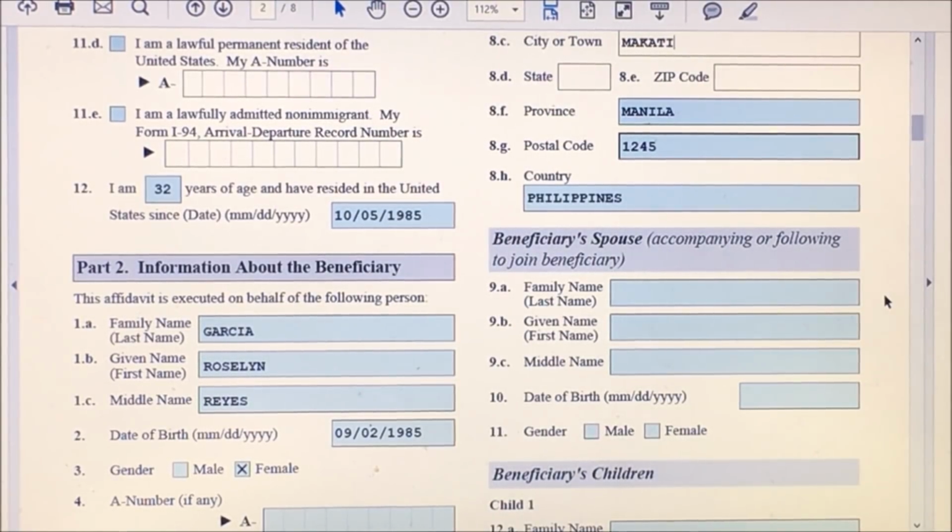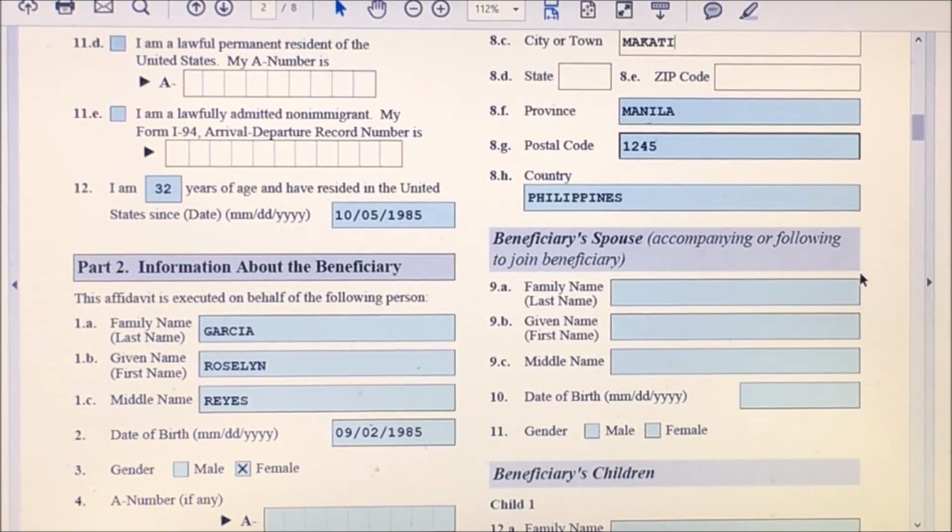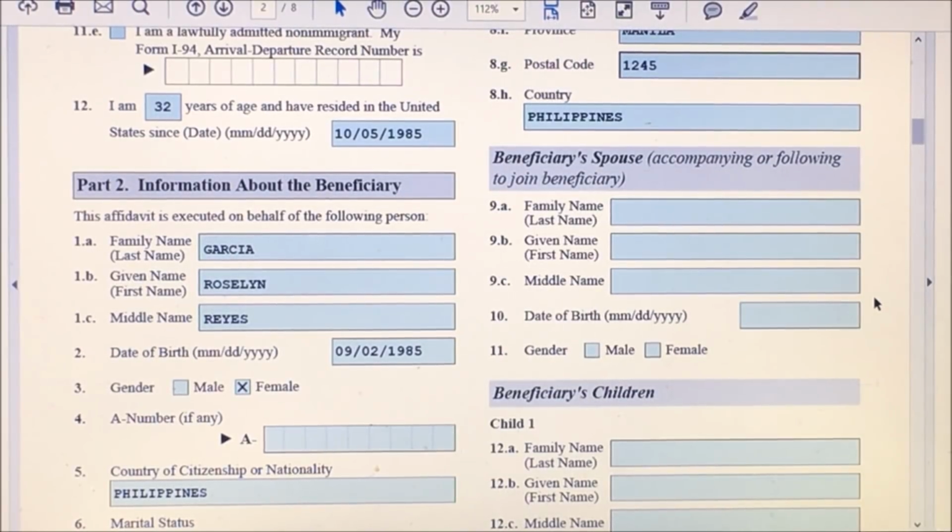Okay, so beneficiary spouse accompanying or following to join the beneficiary. So if you are sponsoring both your father and mother, you can write information about your mother here. Otherwise, leave it blank because I am his fiancé. That's why we just leave this blank.